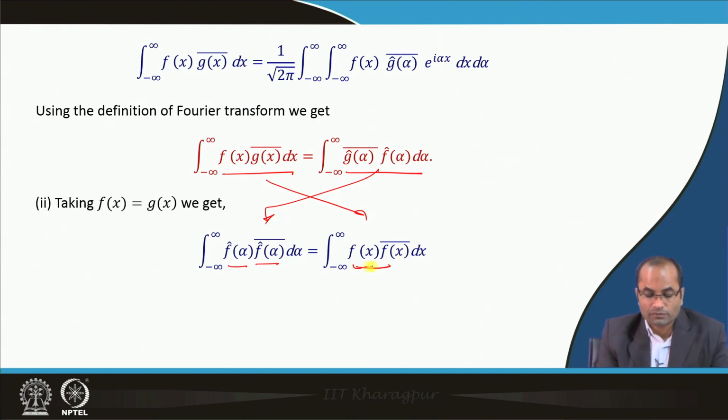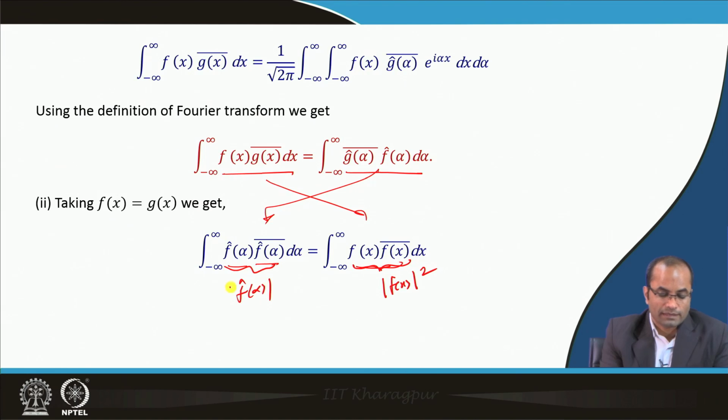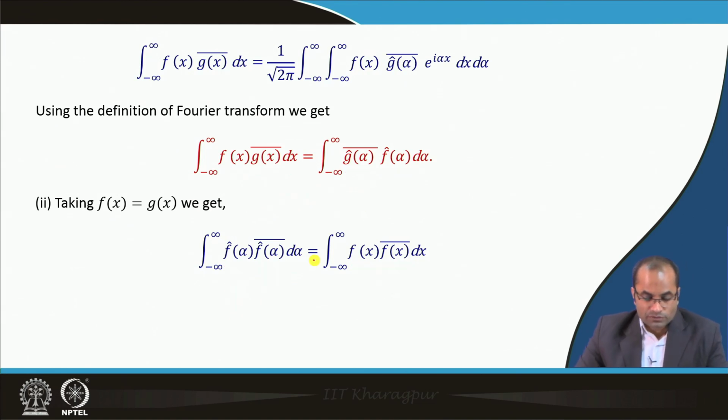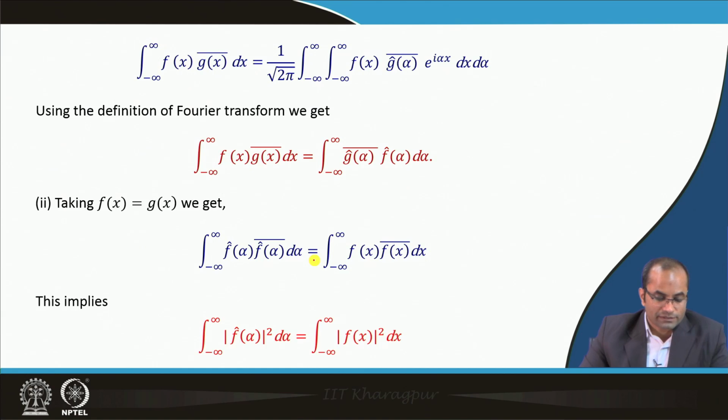Recall from complex analysis that f(x) times its conjugate is nothing but the absolute value square of f(x), and here also we have the absolute value square of f hat alpha. This is a direct implication of the earlier result for the same functions.